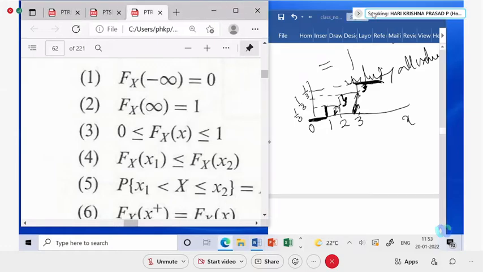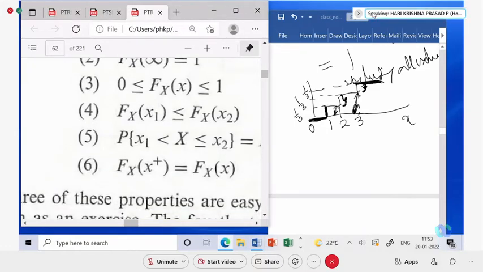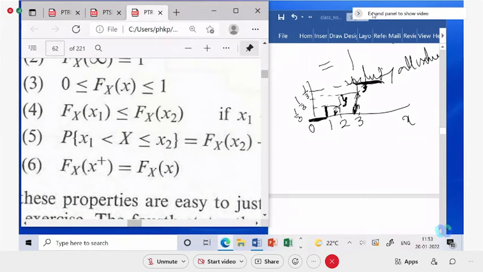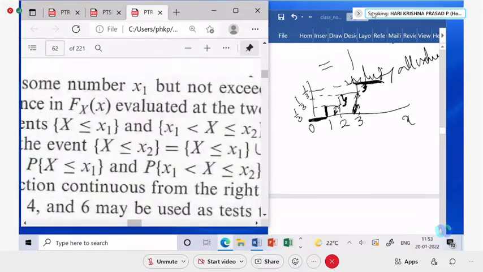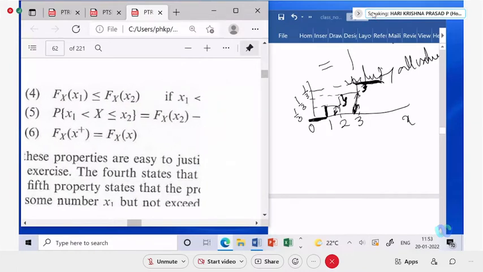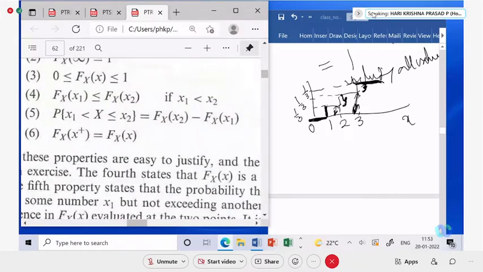The fourth property says, if I consider two different values of x, say x1, x2, and x2 is on the higher side of x1, what does it mean?